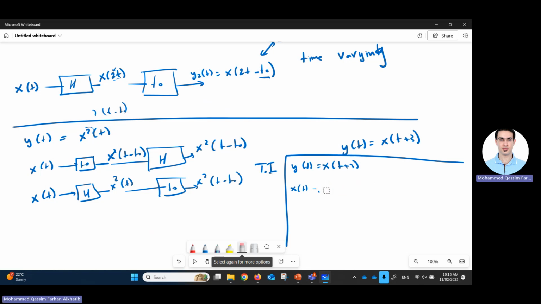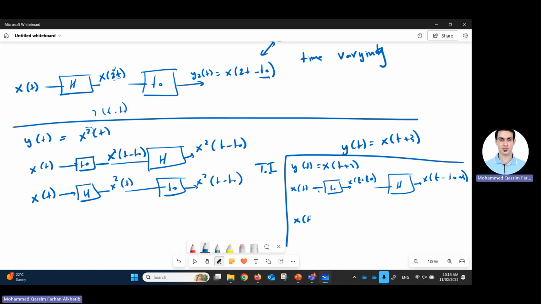First I'll apply the delay, then the transformation. So the delay by t naught, I'll get x of t minus t naught. Then I apply the transformation. What is my transformation? You just add 3. So you'll get x of t minus t naught plus 3.